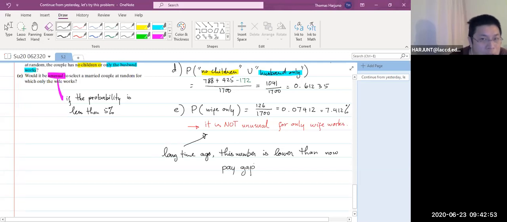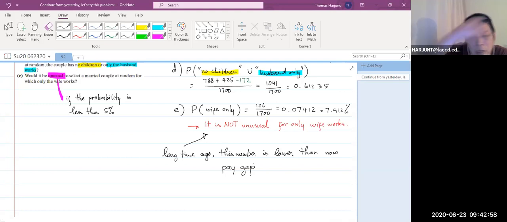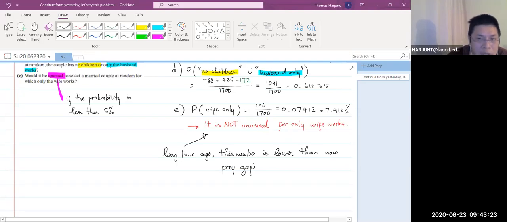Now, I'm not saying right now we don't have this anymore. Some people say there's no more. Some people say there's still a big gap. I personally believe from the numbers I have seen that we still have a pay gap, but it's actually not as bad as before. So do we still have this problem? Yes. Do we have to solve this problem? Sure. But are we going in the right direction? I think so too. So we should get better with this.